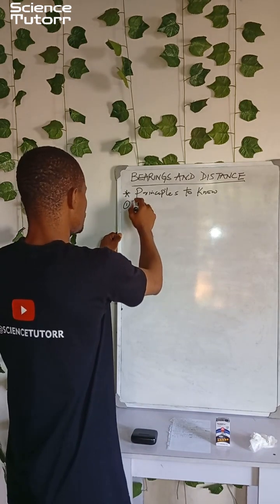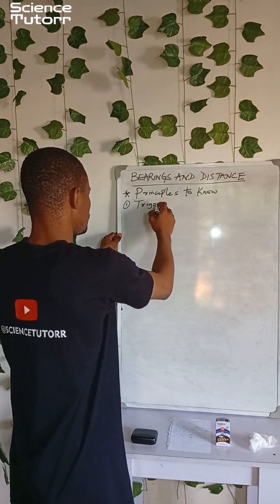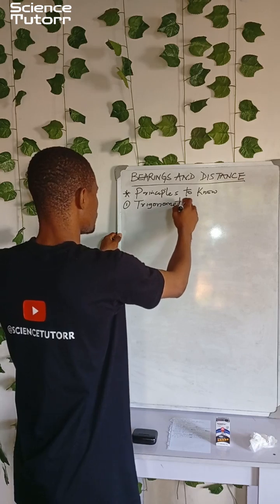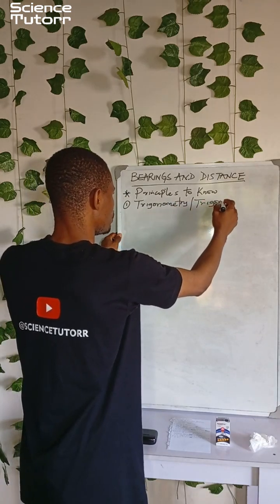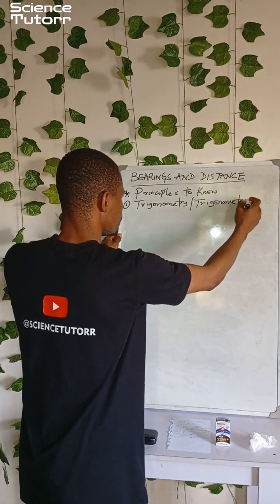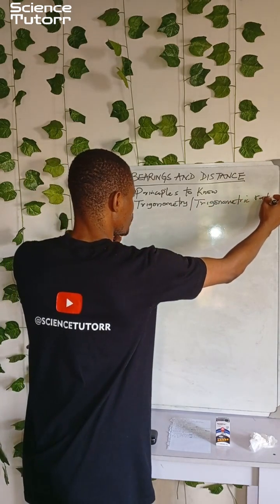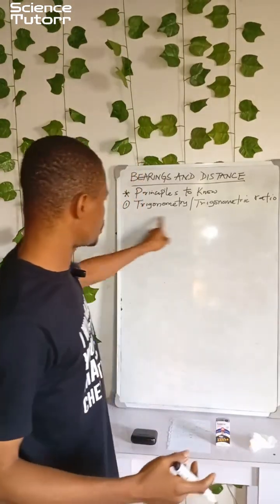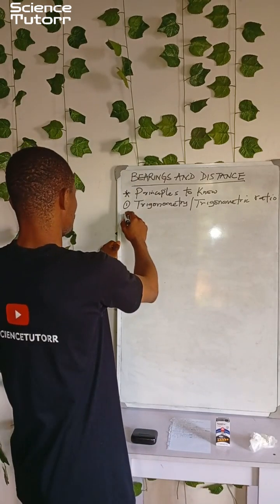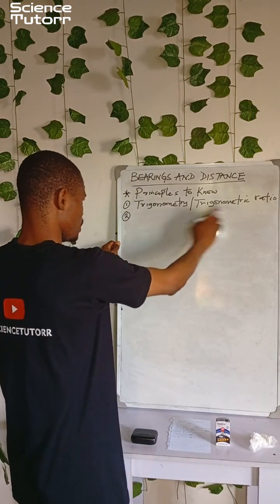One of them is trigonometry. Trigonometry and also the trigonometric ratios are very important to have a good understanding of bearings and distances. Students ought to have a good knowledge of it.